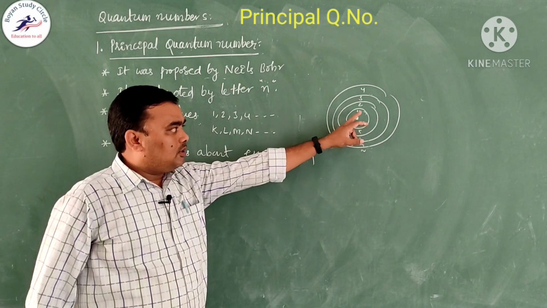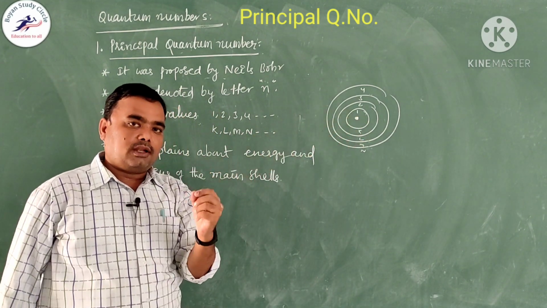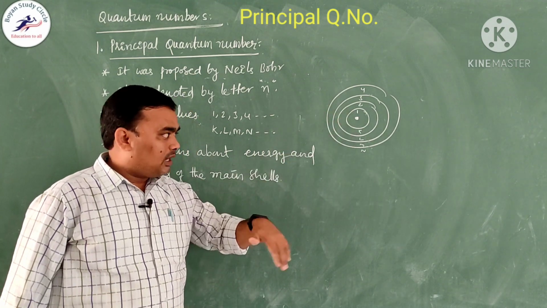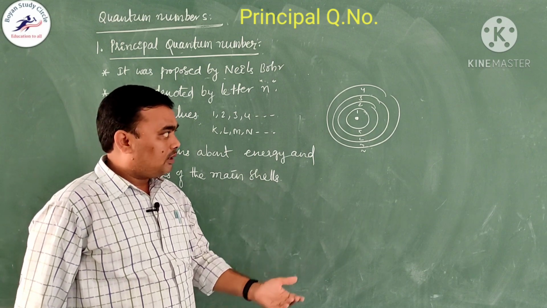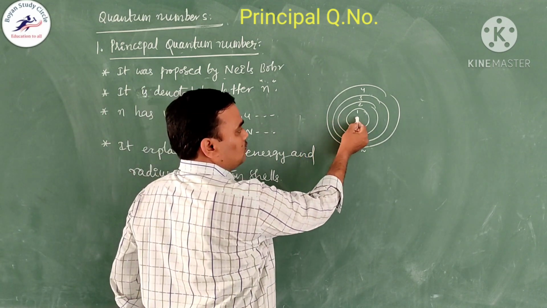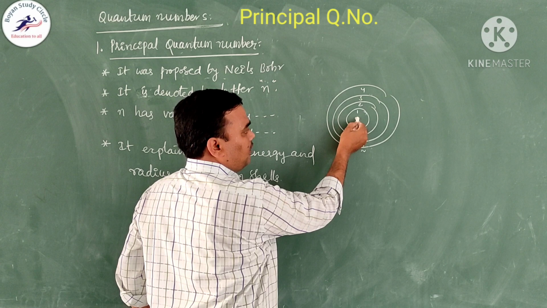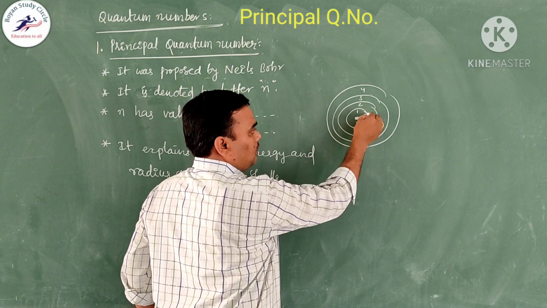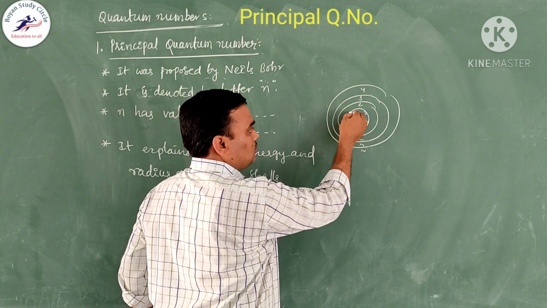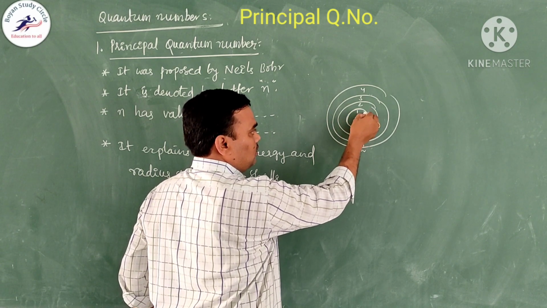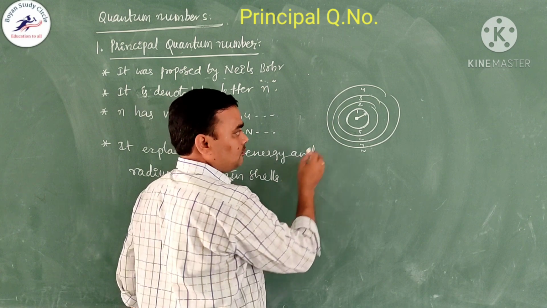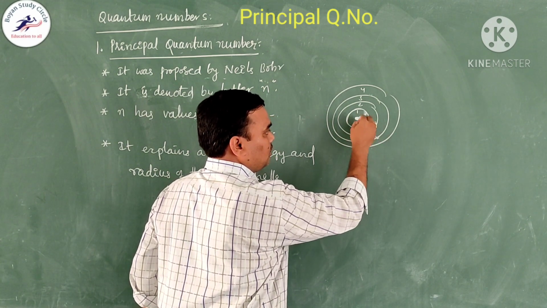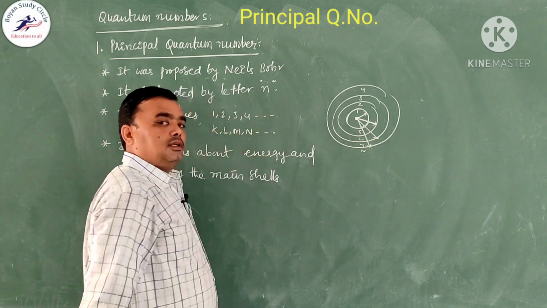So, these are the orbits. If n is equal to 1, the principal quantum number 1, or K, it is the first orbit. The distance from the nucleus to the first orbit is called the radius of the first orbit, and in the same way the radius of the second, third and fourth orbits.